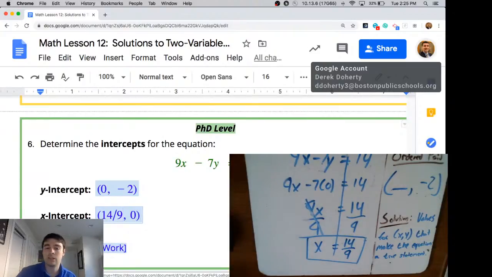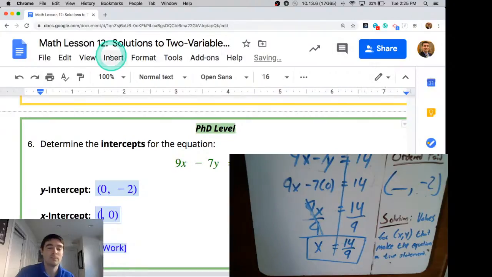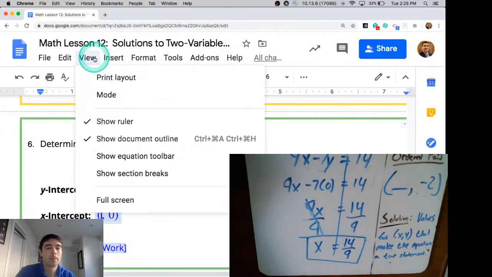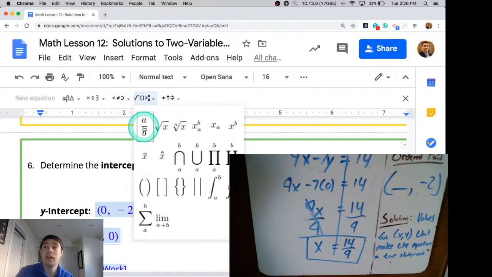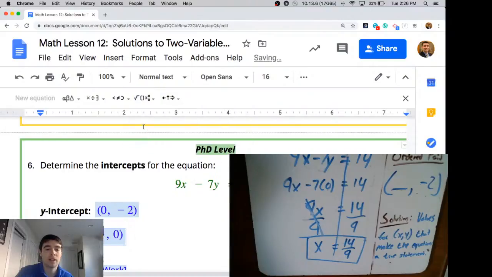If you ever want to get fancy in Google Documents, there's a way to write the fractions. If you're inserting an equation, first you need to insert an equation. That's either hit new equation or hit insert and then equation. And then up here, this A over B button is the fraction button.